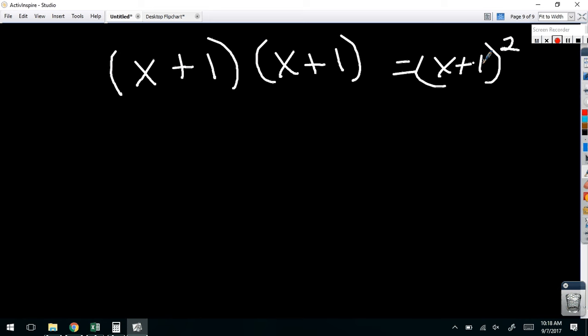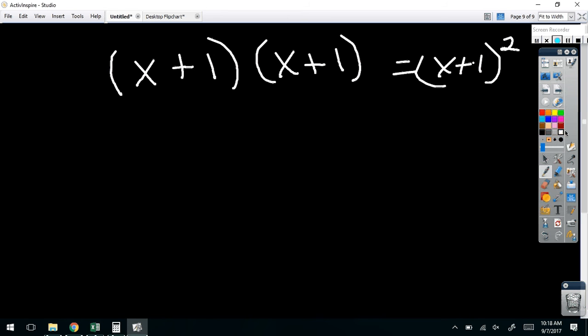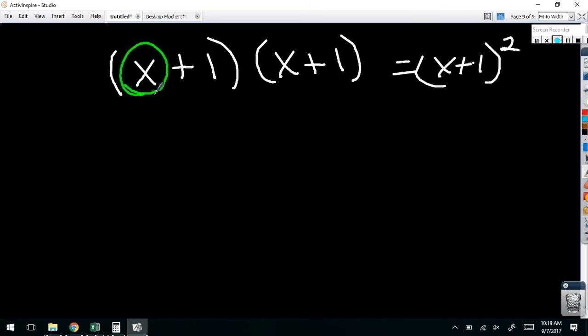When you multiply these two out, I like to just call it distributing, because you take the first term in the first set of parentheses, or maybe you learned FOIL, and you multiply both first terms together. However you learned it, okay? I'm going to distribute this to this set of parentheses.